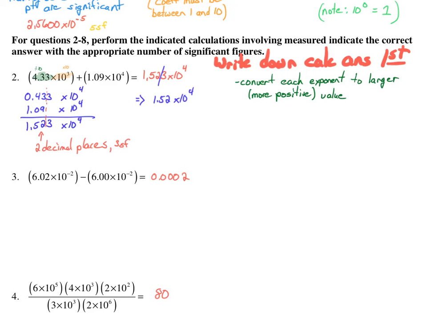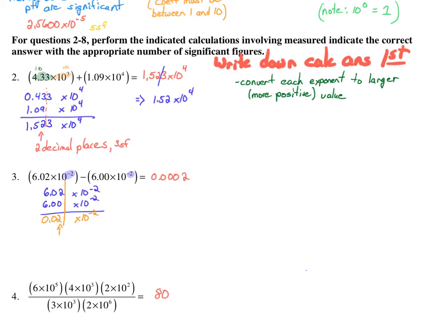Question 3 is a subtraction. Both numbers already are expressed to the same exponent. We line up the decimal point so that we can look at decimal places. Okay, we look here, and we see the decimal place.